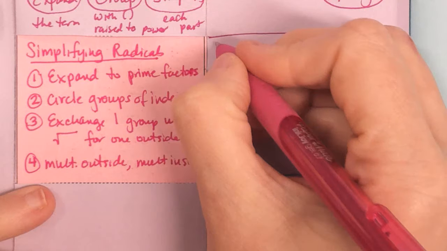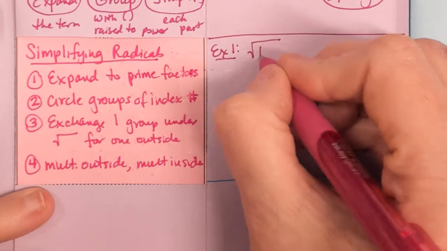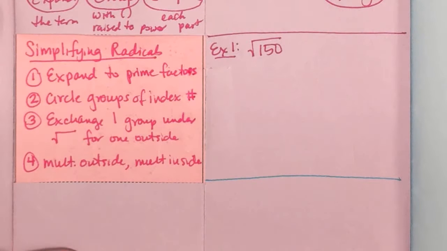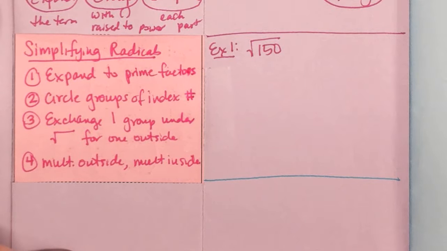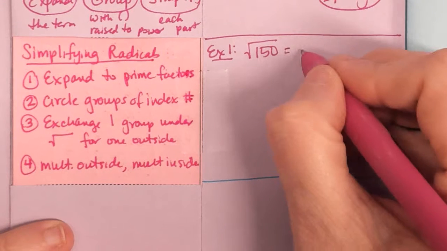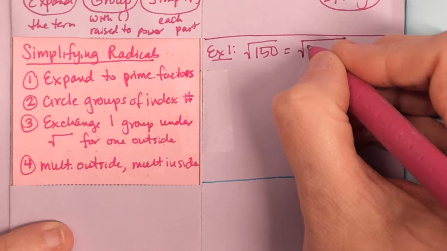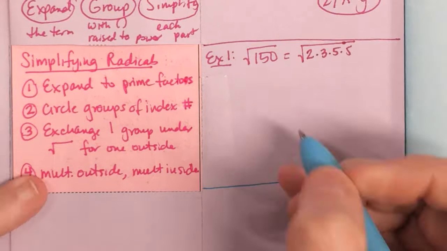First example. The square root of 150. Now look, I'm just going to give y'all the prime factors because we don't have time to be prime factoring this. So the square root of 150 is equal to the square root of 2 times 3 times 5 times 5.